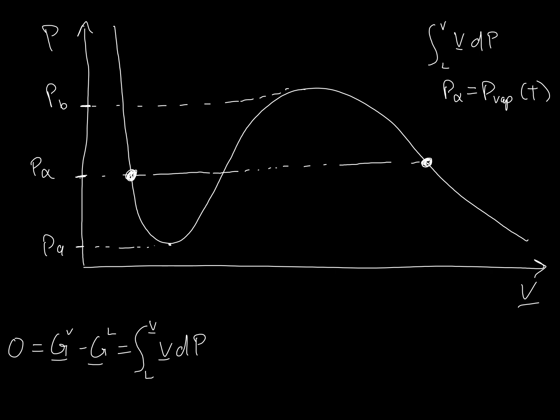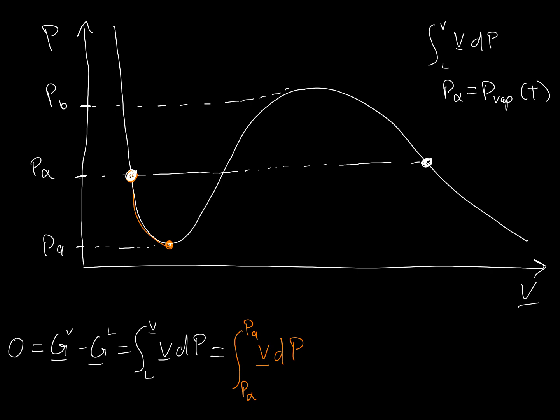So I'll try and use different colors to highlight this. The first step in performing this integration is we're going to break it down and go from P alpha to PA of V dP. Okay, so we're starting here, and we are integrating down to there.